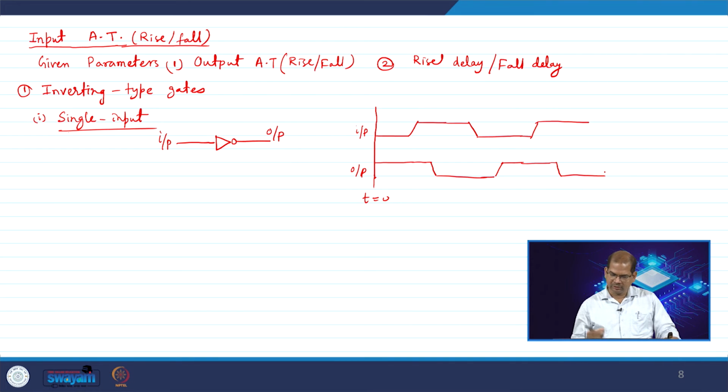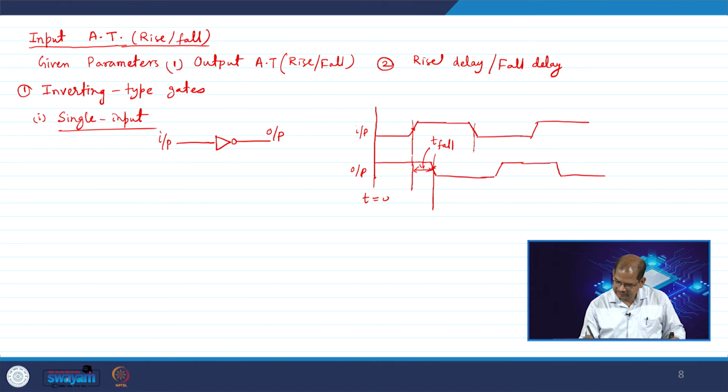So, this is my input arrival time, and this is my output arrival time, and this is my T fall. So, this is basically the input fall arrival time.